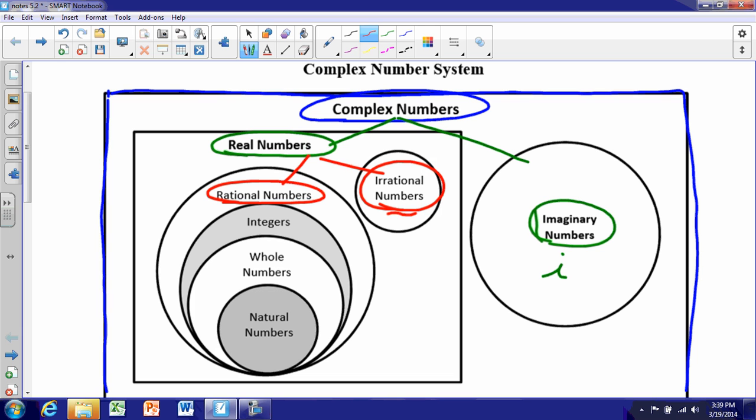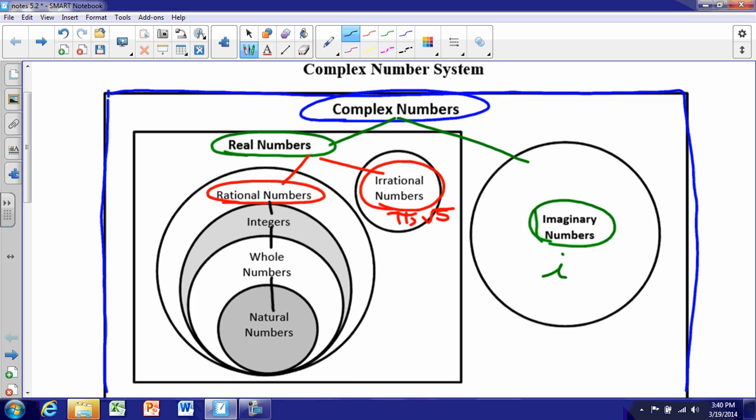Irrational numbers are numbers that contain things like pi or square roots that you cannot break down. All right, those are irrational. If it doesn't have a pi or a square root that you cannot break down, then it must be rational. And under rational, you can then subcategorize numbers into integers, whole numbers, and or natural numbers.